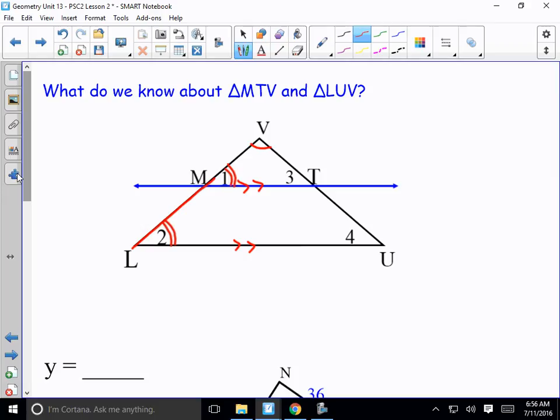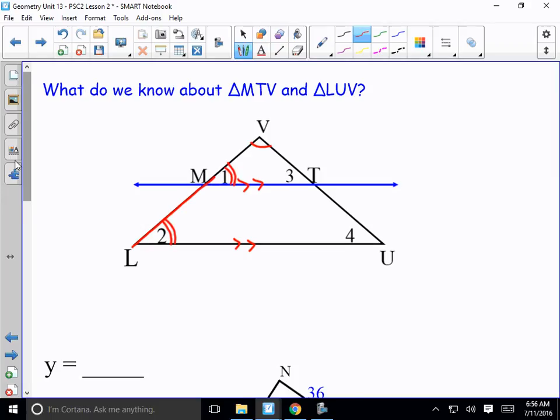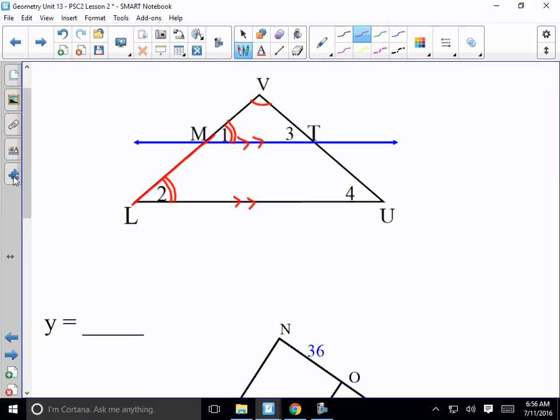And based on that fact, I now have angle-angle similarity, not congruence. So we know that these triangles are similar, and we are going to have proportional pieces that will allow us to solve for a missing value.